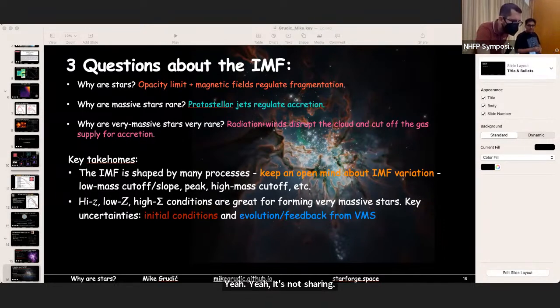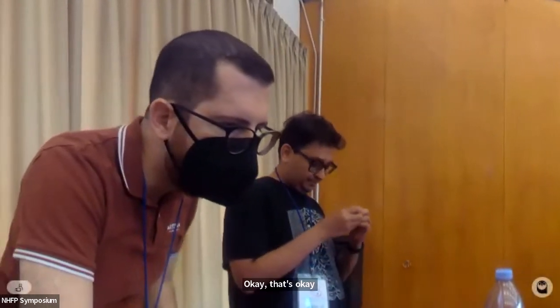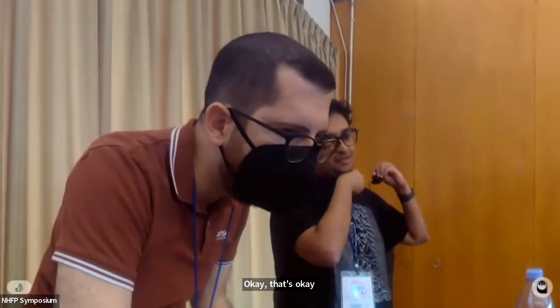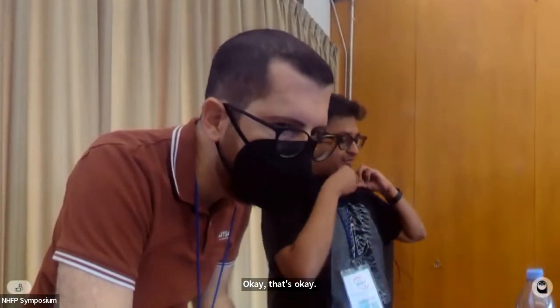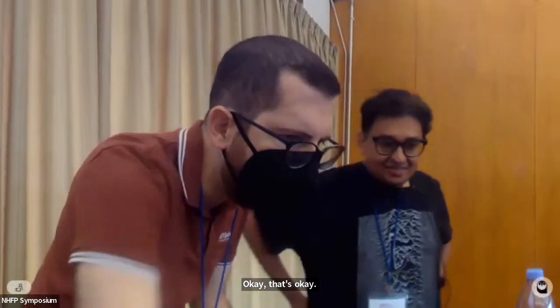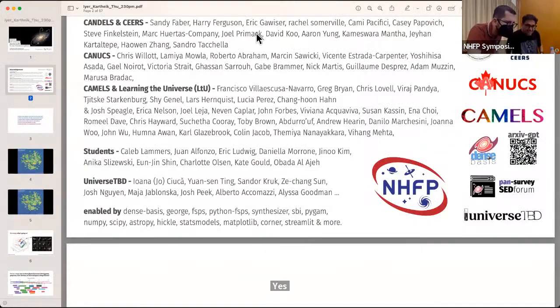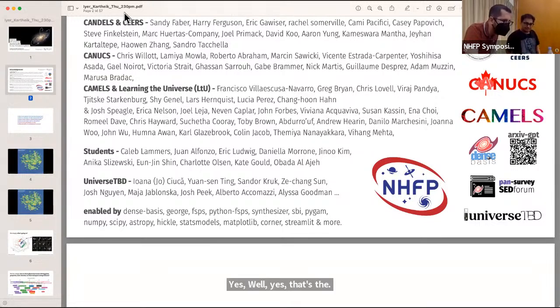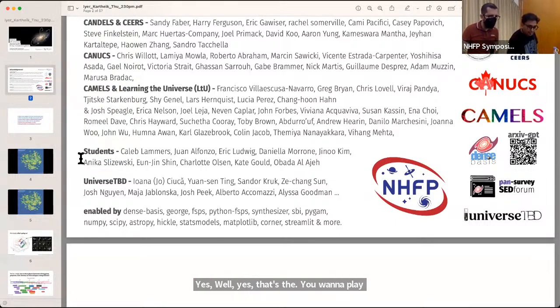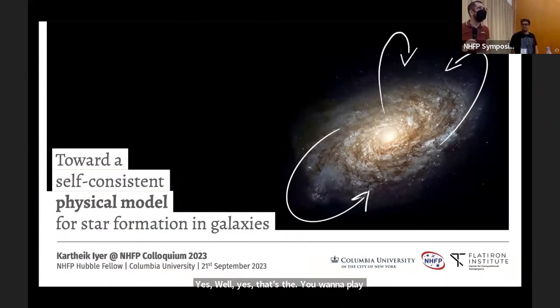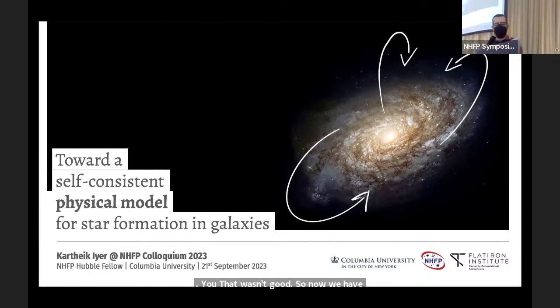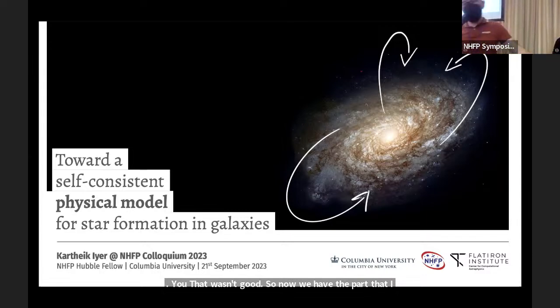You're still sharing. Okay, nice. Okay, so now we have Kartheik Iyer, who's going to tell us about a self-consistent physical model for star formation in galaxies.